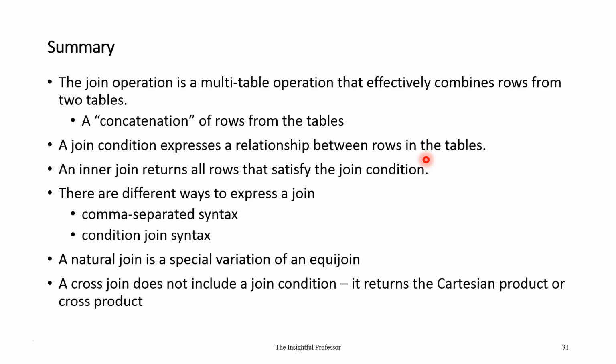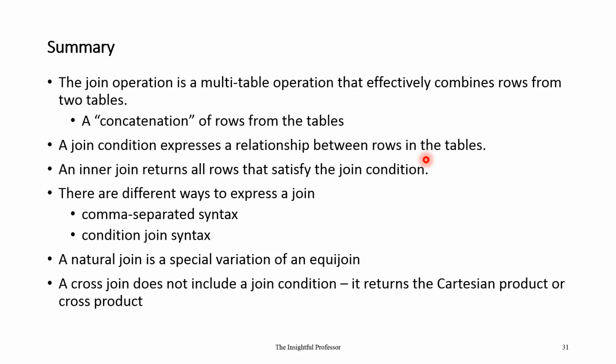A natural join was a special variation of an Equi-Join. Again, I kind of downplayed this because I don't see a great deal of value to it, because the database must be explicitly designed to accommodate the natural join operation by having column names be the same in the two tables. The concept of a natural join makes sense, but the implementation of the operation is not necessarily practical.